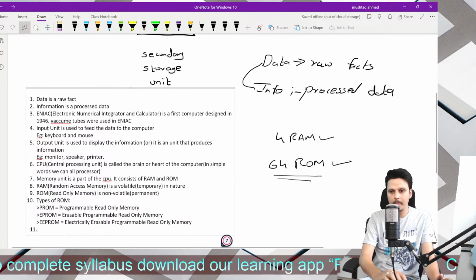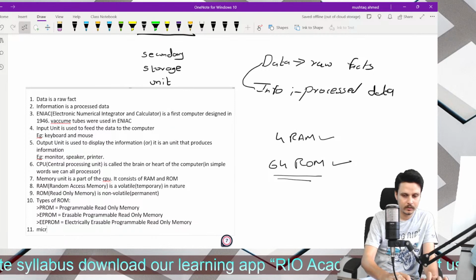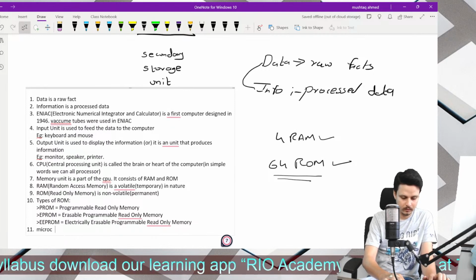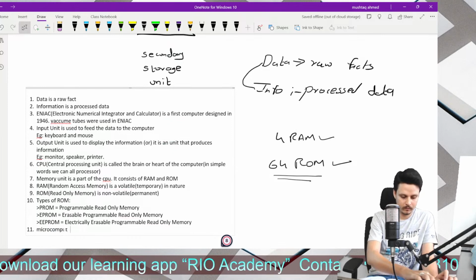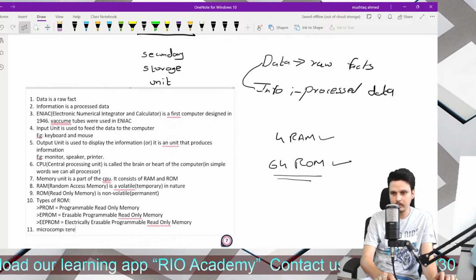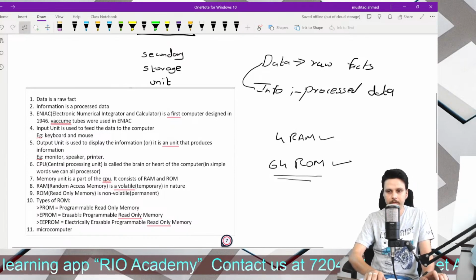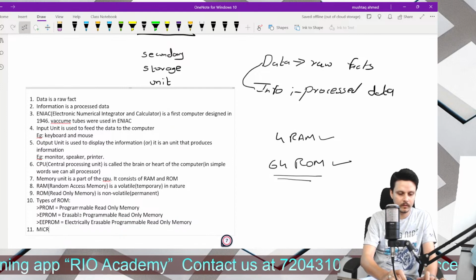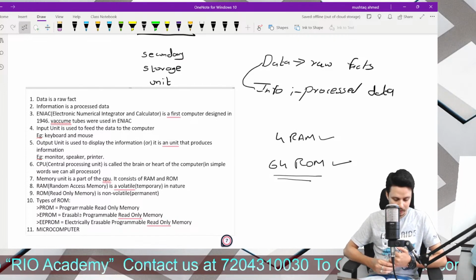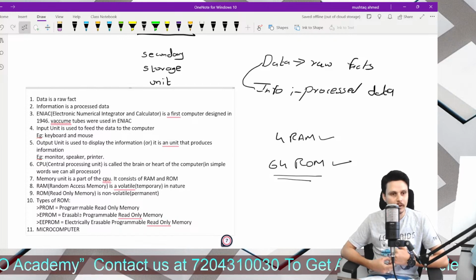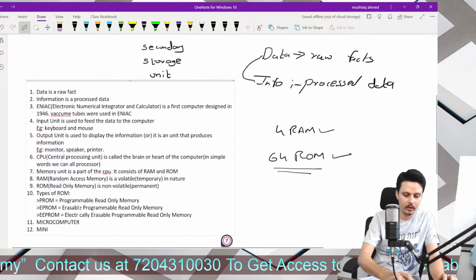Next, I'll teach about microcomputers. What do you mean by microcomputer? What do you mean by mini computer?